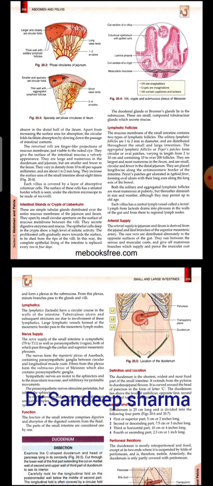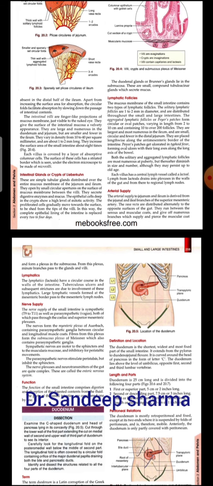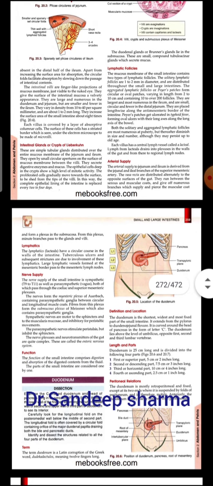They run between the serous and muscular coats and give off numerous branches which supply and pierce the muscular coat. And they form a plexus in submucosa, and from this plexus minute branches pass to the glands and villi.